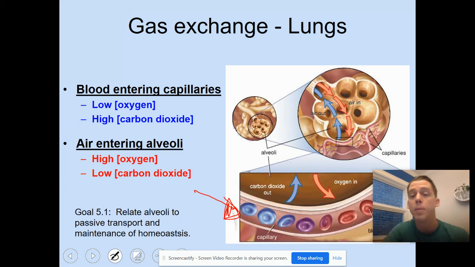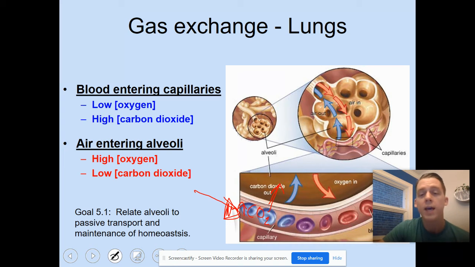And this blood is coming from the body where it has picked up a lot of carbon dioxide. So we have a high carbon dioxide level in the blood. And because it goes from high to low, diffusion pushes the CO2 out. So diffusion causes the CO2 to move from the blood to the lung.